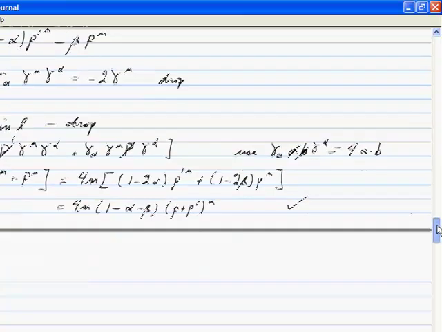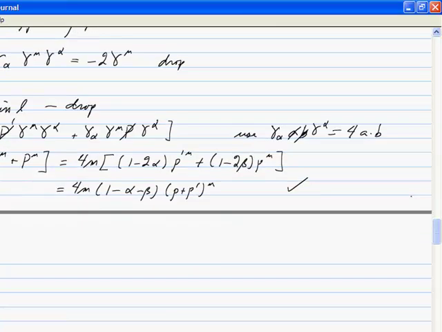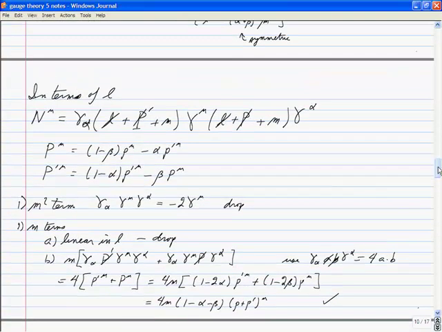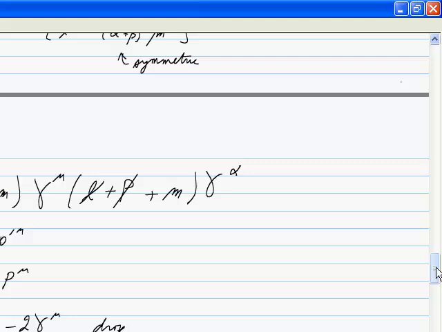Okay. Three, m to the 0 terms. Okay, well, if we go back up here, we're going to dispose of them bit by bit. There's 3 terms. There's L times L, we're going to end up dropping that. There's L times P, that's odd in L, so we'll drop that.